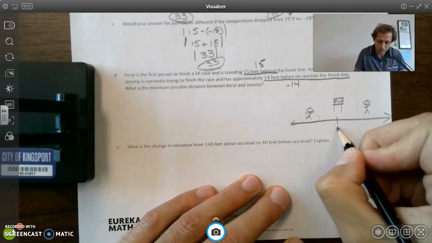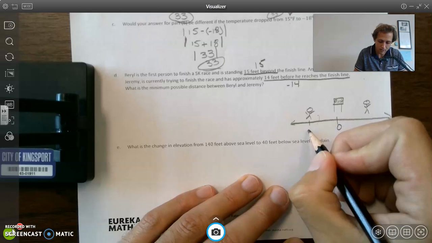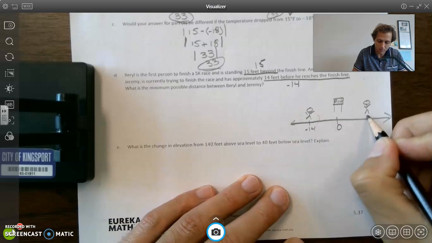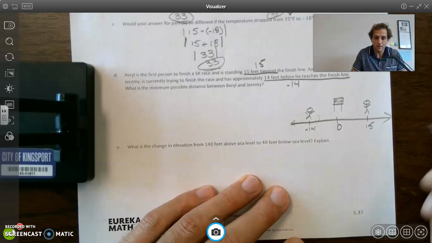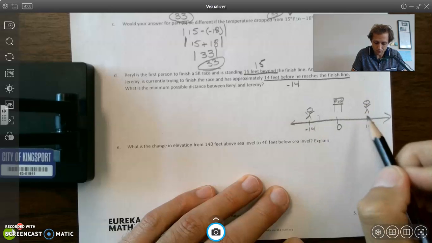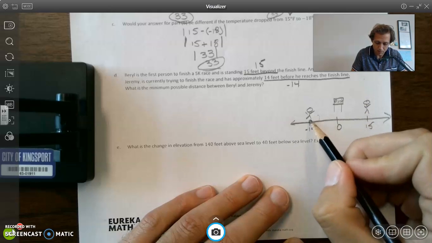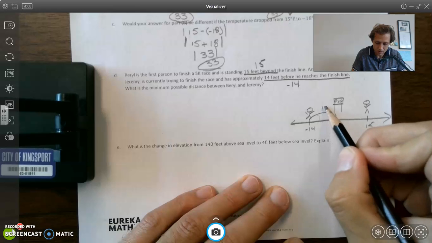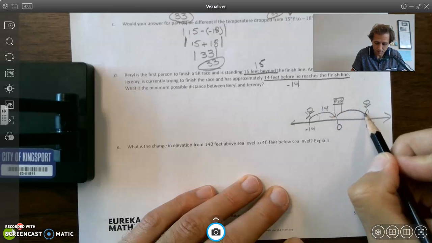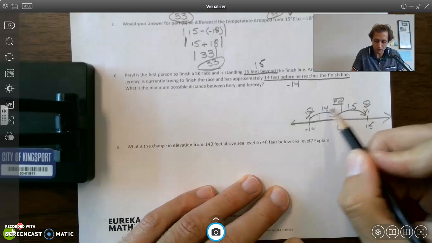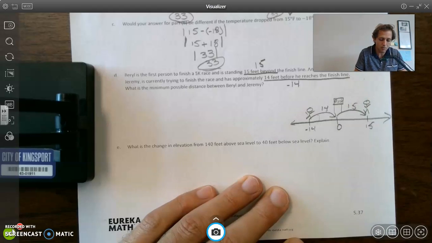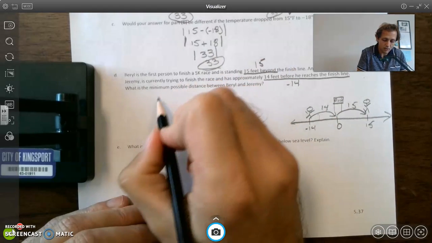Finish line would be 0. This person is at negative 14. This person is at 15. How far between them? Well, that's 14 spaces, and that is 15 spaces. 14 and 15 is, at a minimum, going to be 29 feet.